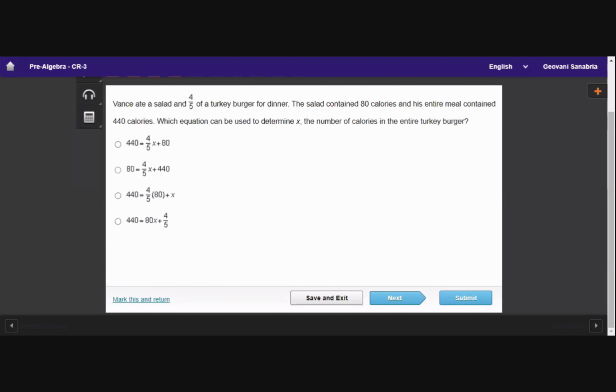Okay. So x, I'm going to write that down. X is the number of calories in the entire turkey burger.